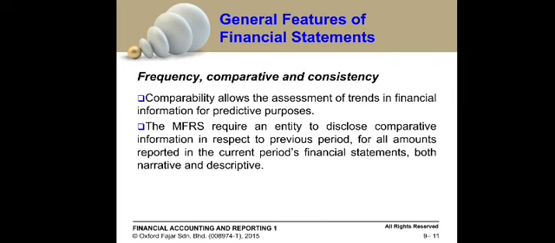When you show two data, current year data and previous year data, the investors or the users of the financial statement can compare these two data, and they can make a good conclusion whether the business is getting better or getting worse, etc.